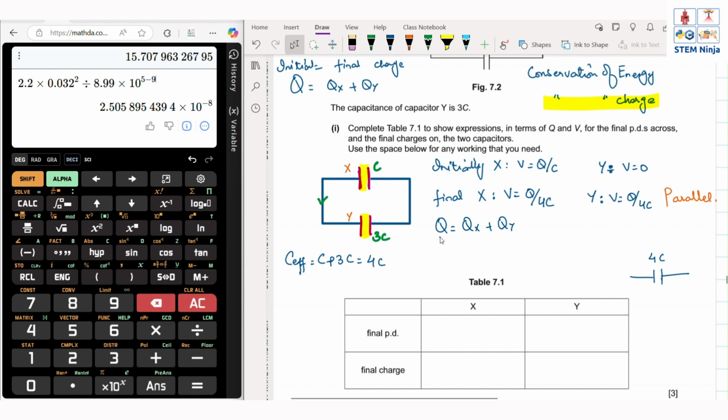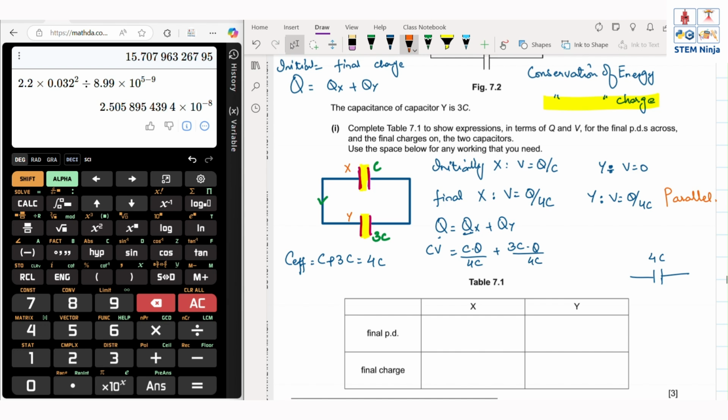So Q initially was simple CV. For Qx, capacitance is still the same, but the potential difference is Q over 4C, which just becomes Q over 4. The other also, but with 3C: 3C times Q over 4C.